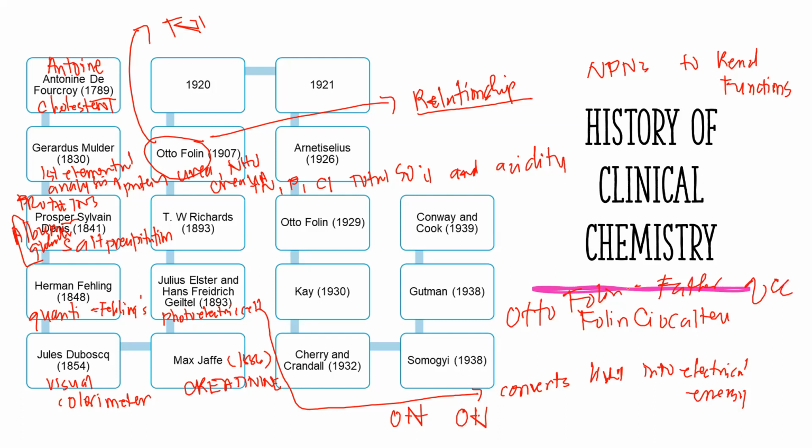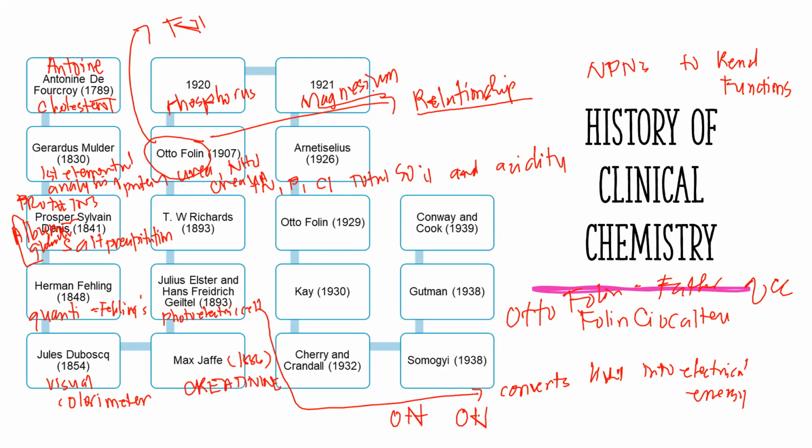Now, what else? In the year 1920, this is the time wherein serum was first used for the determination of phosphorus. While in the year 1921, we have magnesium, the first use of serum for the determination of magnesium level.